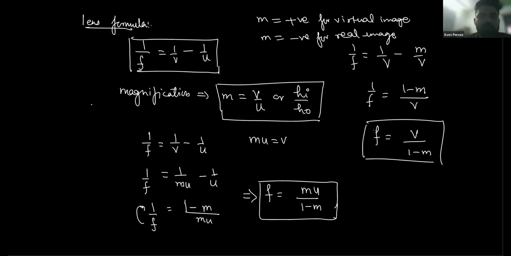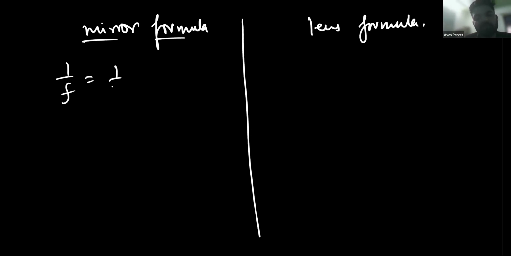Now coming to the lens formula, like we have the comparison here. This is the mirror formula, and here it is the lens formula. For the mirror formula, we have 1 by f equals 1 by v plus 1 by u. And here we have 1 by f equals 1 by v minus 1 by u.